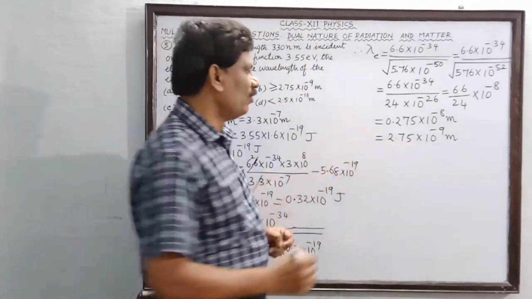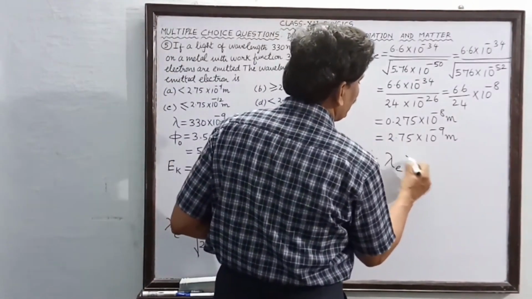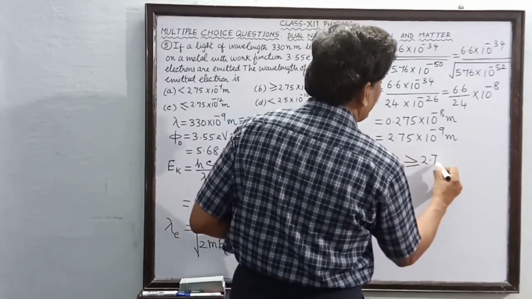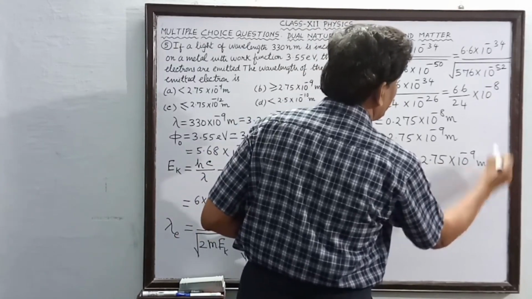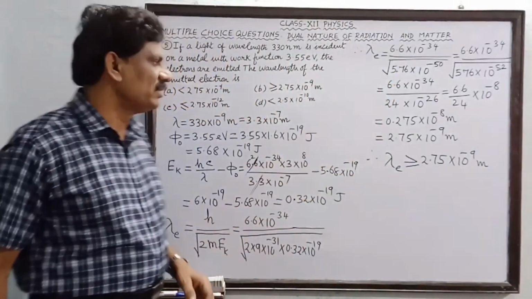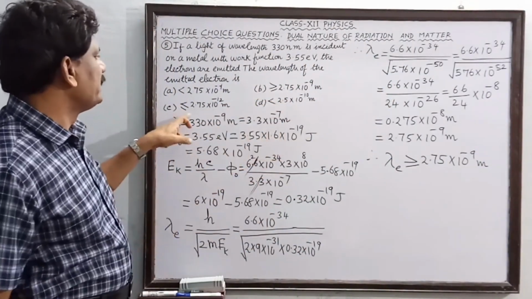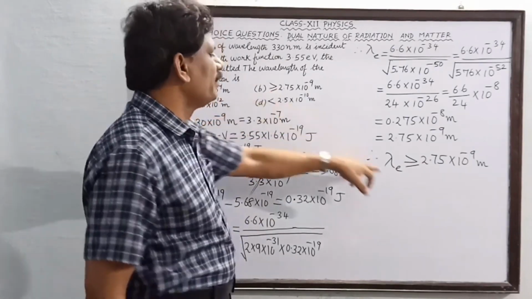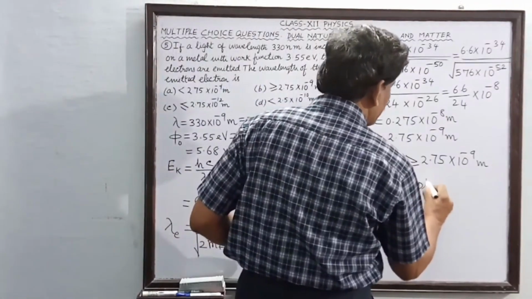Therefore we can write the de Broglie wavelength of the emitted photoelectron must be greater than or equal to 2.75 into 10 to the power of minus 9 meter. This is the option. So which of the four options is got by us? Now you see here, this is greater than or equal to. So option B must be the correct answer. So option B is correct.